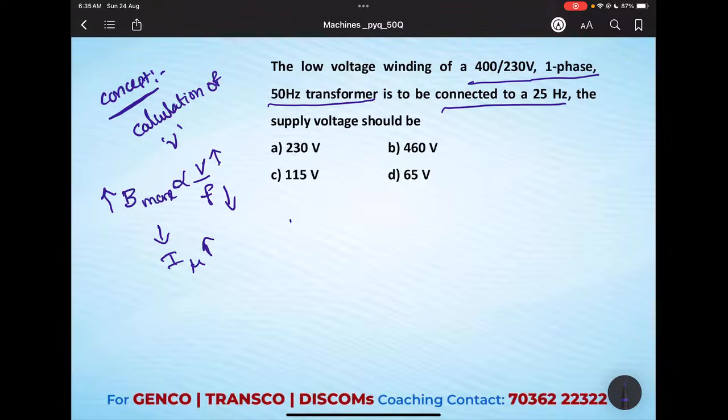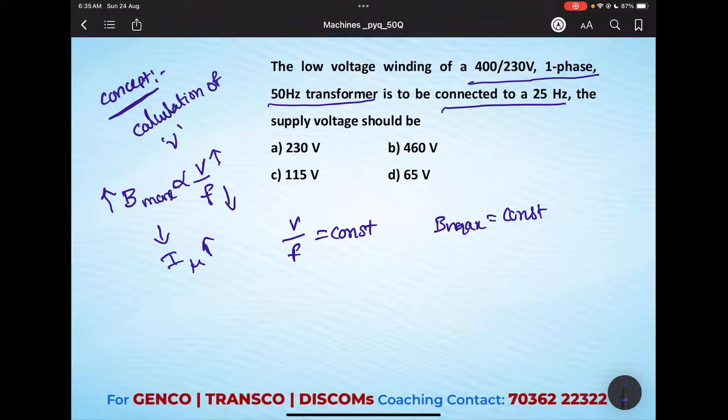That means we always need to maintain V by F equal to constant, so that Bmax is constant and the required magnetizing current is not abnormal.